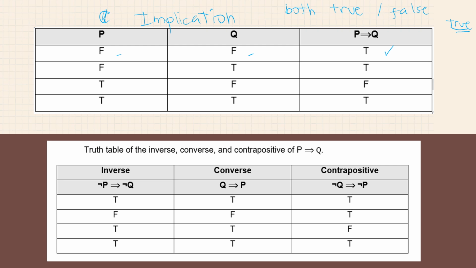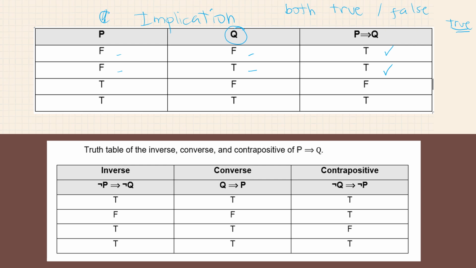And if hindi naman sila parehong true or false, we will base it on the conclusion, which is Q. For example, if P is false and Q is true, we follow the conclusion, which is true, so if P then Q will be true.